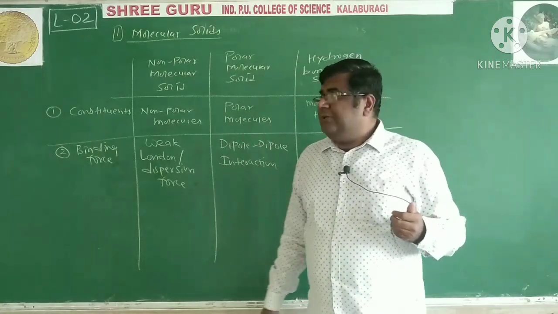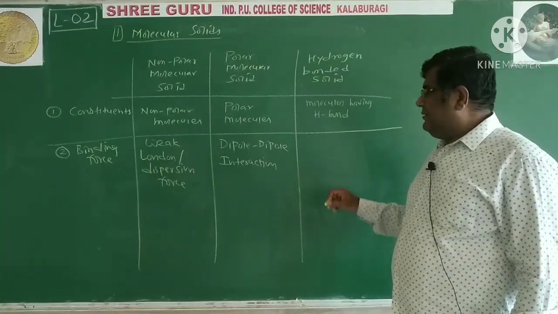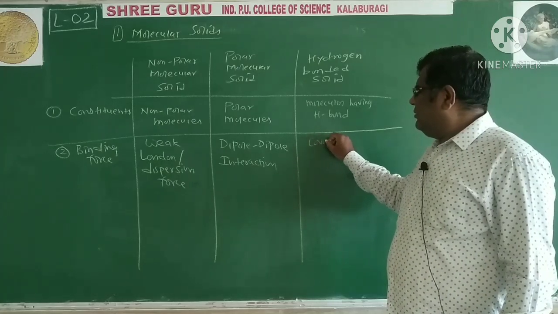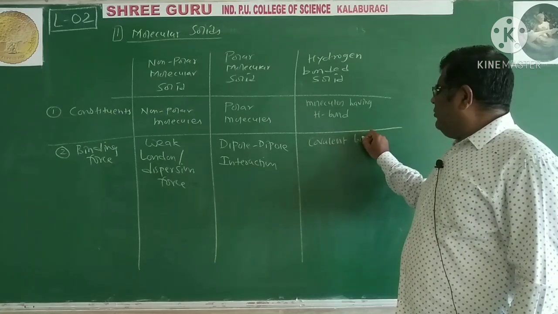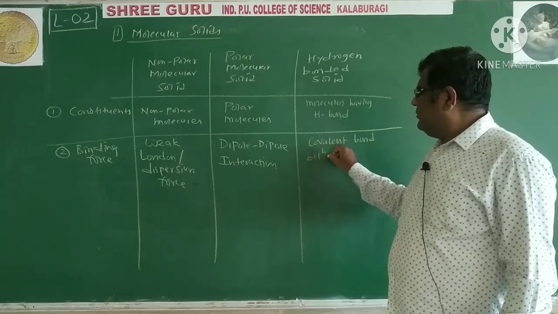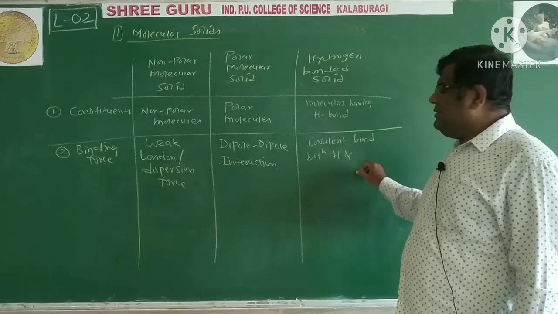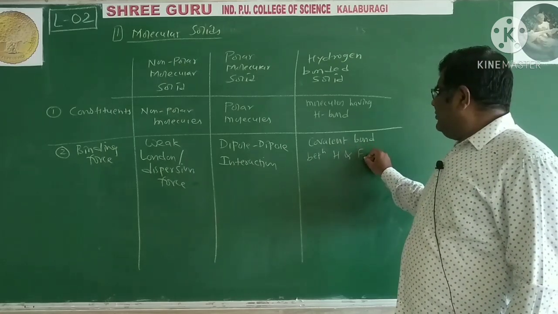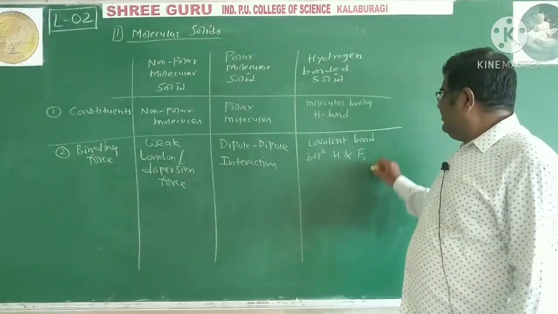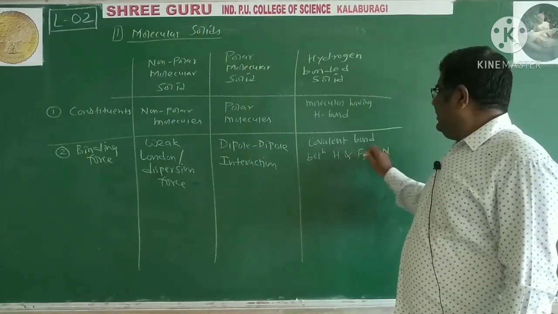And hydrogen bonded solids involve a kind of covalent bond between hydrogen and more electronegative elements like fluorine, oxygen and nitrogen.